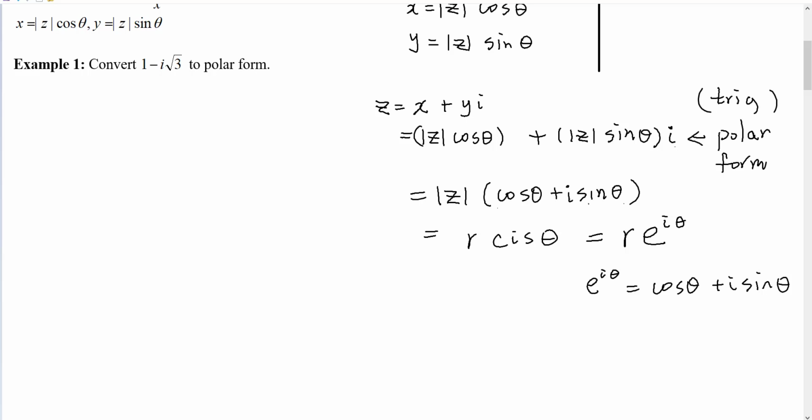Let's go over one example where we're converting a complex number to polar form, which I've done in a previous video, but I want to do one more example. This complex number is given to you in rectangular form: 1 minus i square root of 3, which means x equals 1 and y equals negative square root of 3.